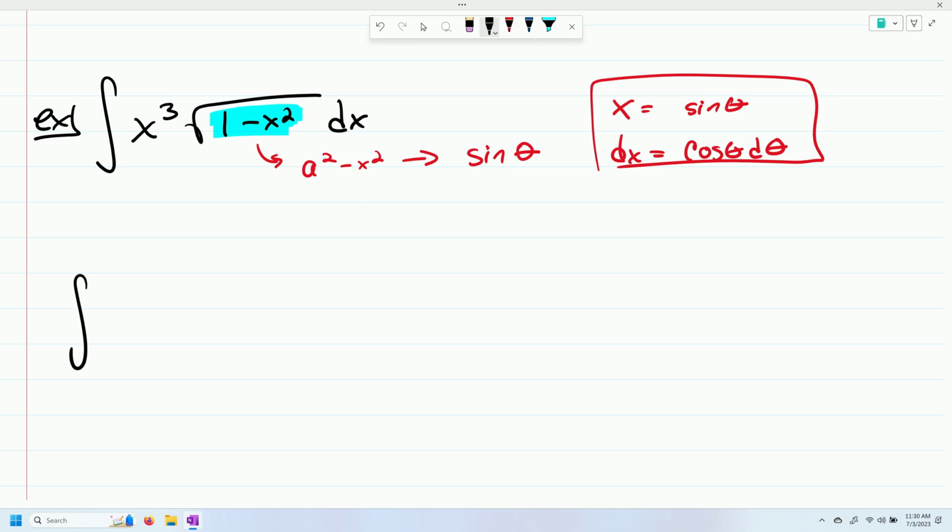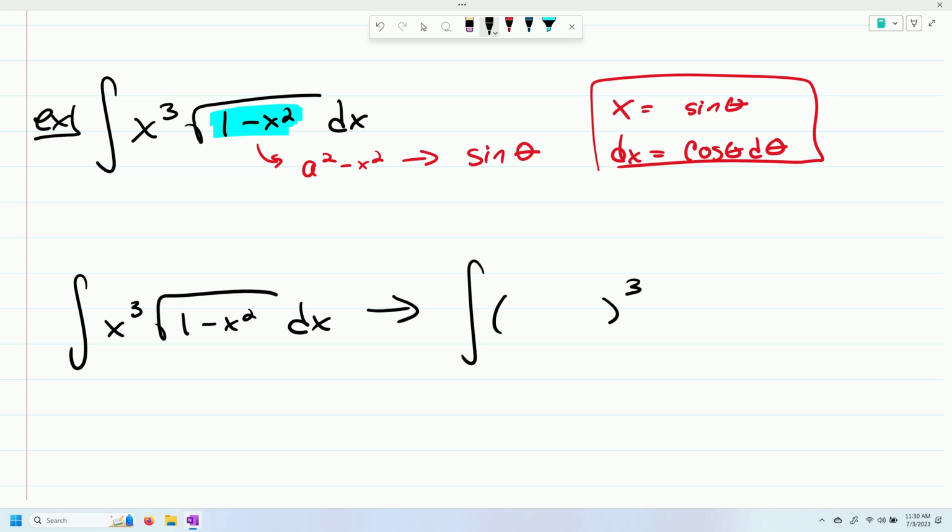So I get the integral of x to the third times the square root of 1 minus x squared dx. We're going to convert that into the integral of, let me set this up real quick so I can make it look nice and neat. So wherever we see x, we're going to put sine theta. And then dx is no longer dx, it is cosine theta d theta.